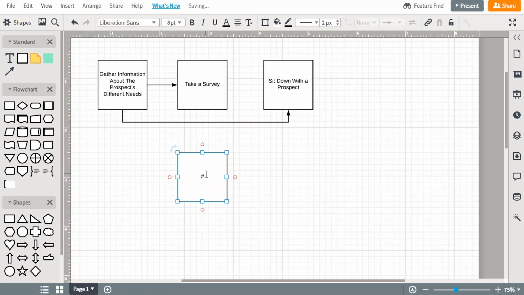So this could be 3 to 5 different prospect buyers. I think for simplicity's sake, let's just do 3.